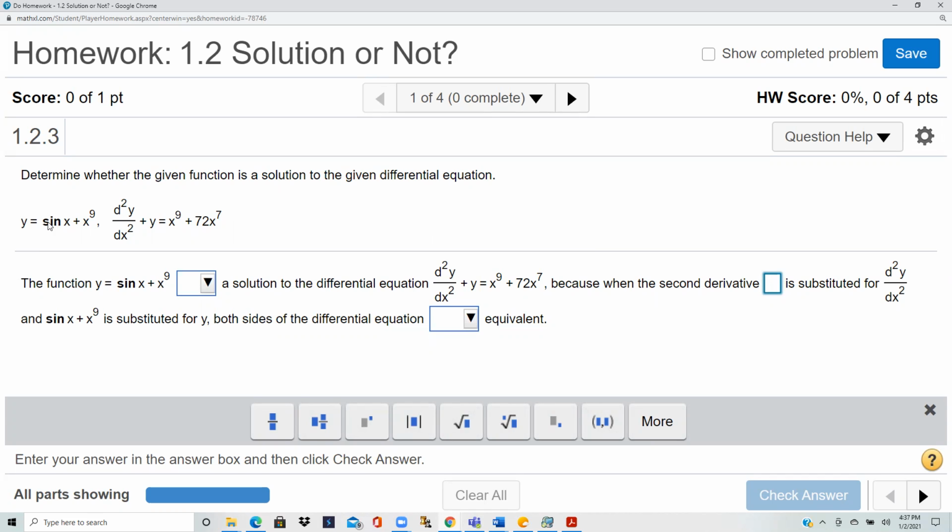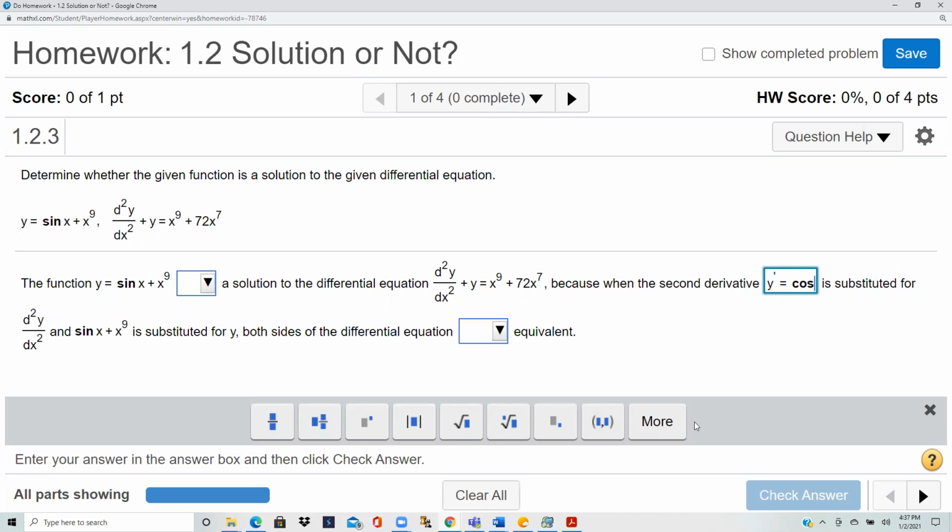So let's find the second derivative of this y. The first derivative, y prime, is equal to, the derivative of sine x, you know, is cos x.